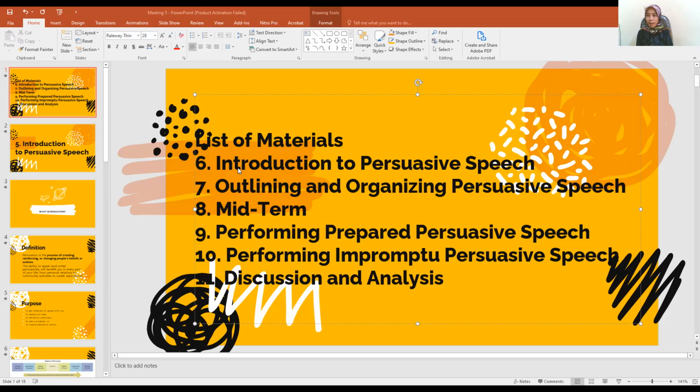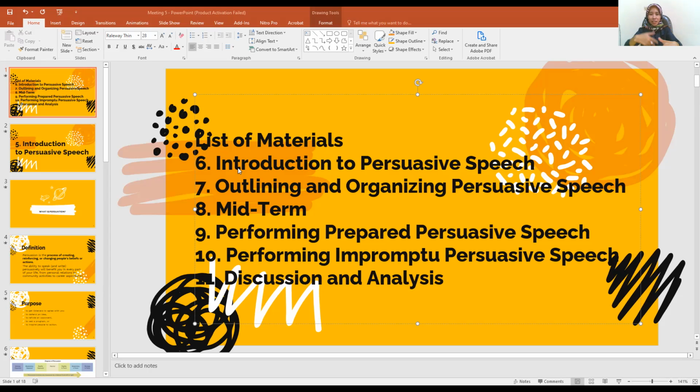UTS ya di minggu ke-8. And then after completing your midterm, we are going to continue our material with performing prepared persuasive speech. And then after that, in the 10th meeting, you are going to perform impromptu speech.